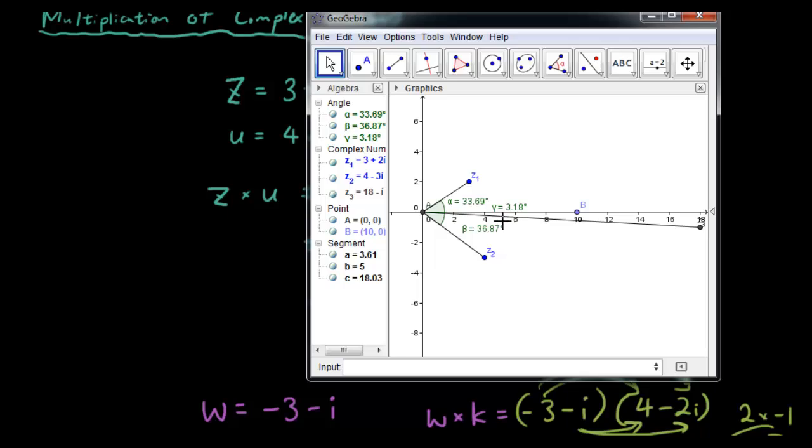So basically when you're multiplying two complex numbers together, you end up with a complex number where the magnitude is the product of the magnitudes of the two complex numbers, and the angle is the sum of the two angles that the first two complex numbers create with the horizontal.